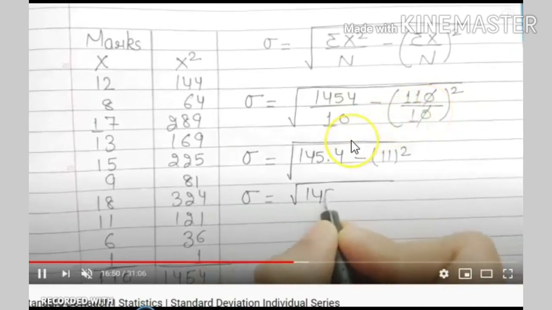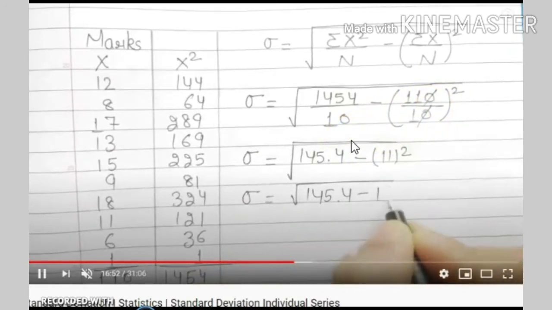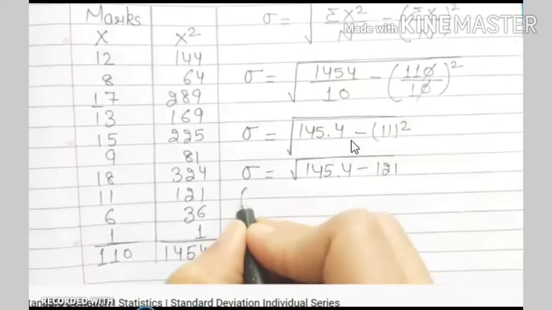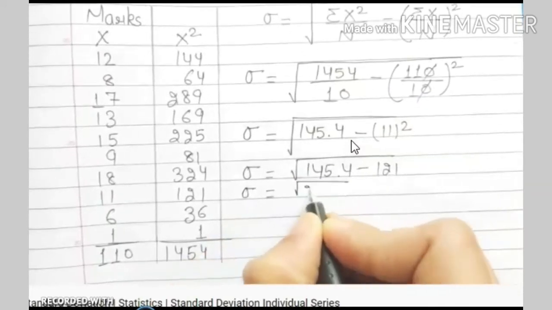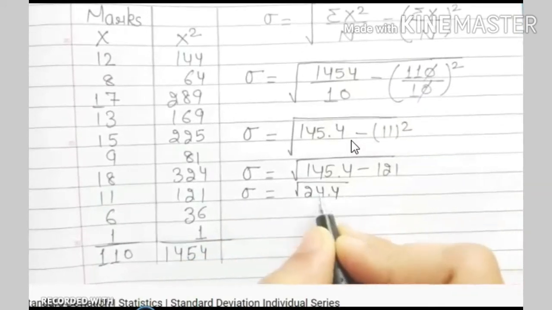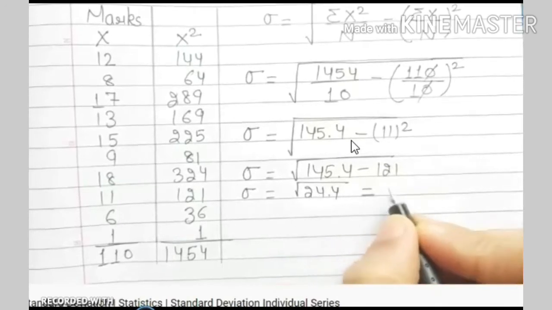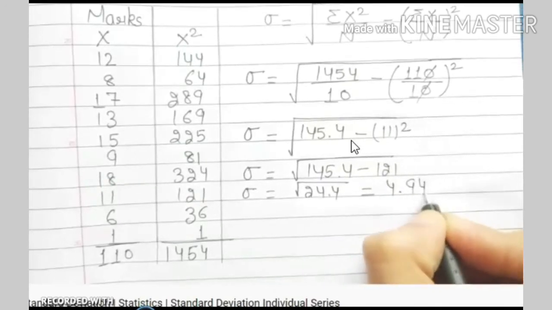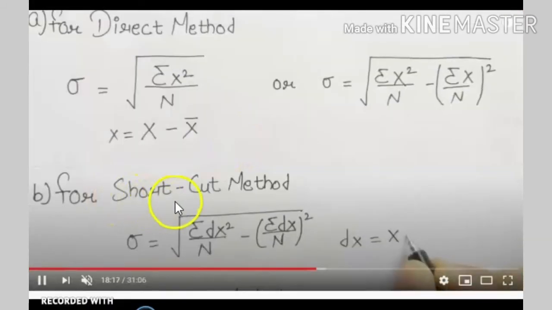So 145.4 minus 121 it comes, then the root of 24.4, the previous answer. So it's 4.94 itself. Then you can find the standard deviation and coefficient of standard deviation like the previous one. Hope you understood.